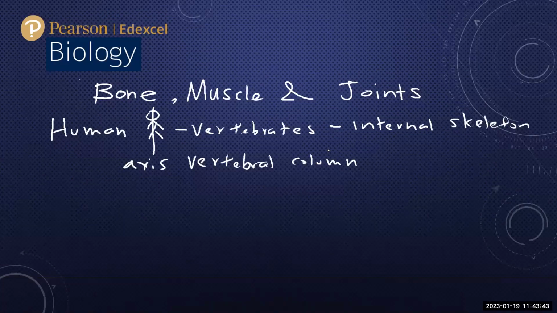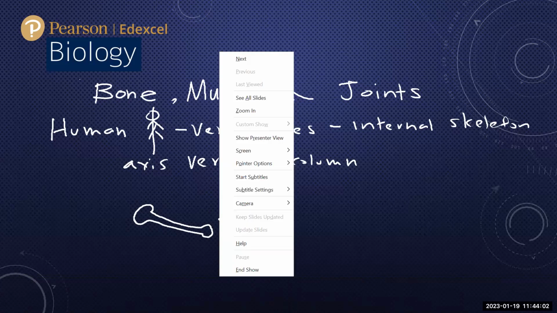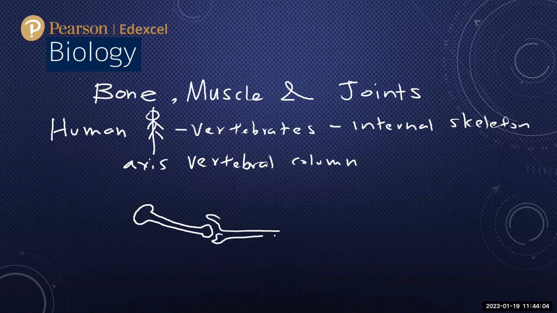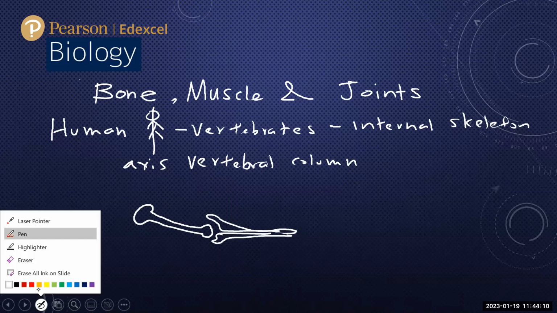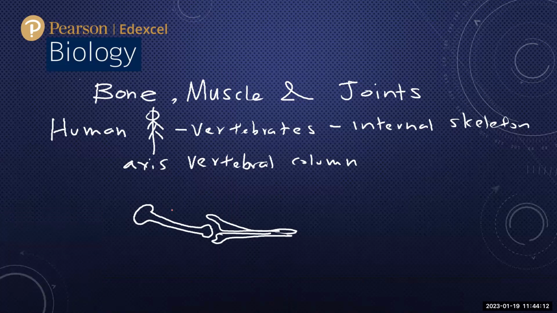And we're going to learn what is the connection between bone, muscle, and joints. So, for example, if this is a bone, and this bone is linked to another bone, like this, and these bones are connected with muscles. Muscles are attached to the bones.